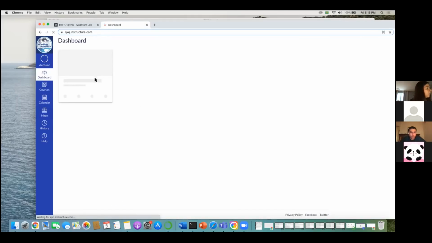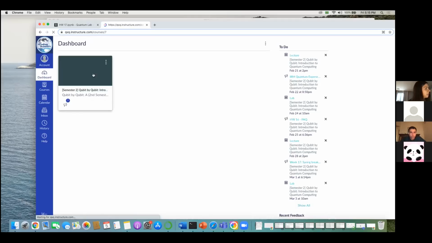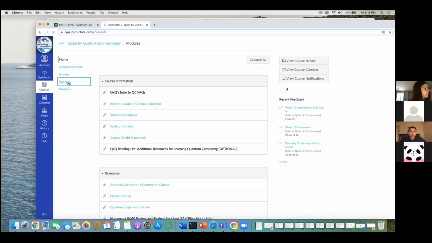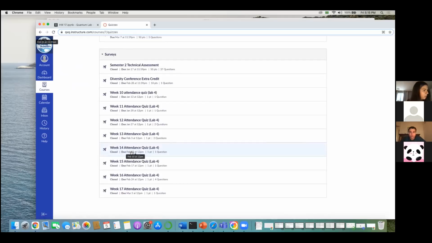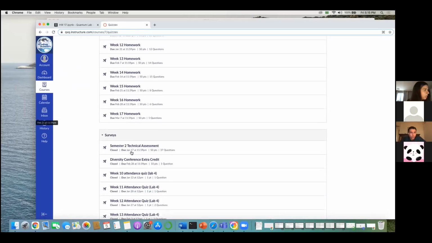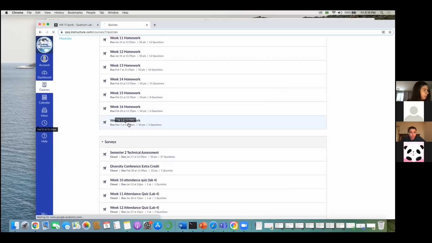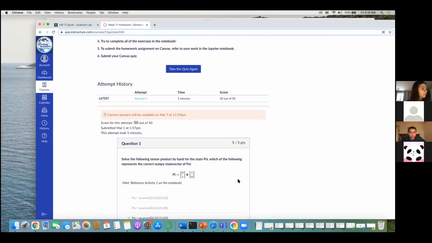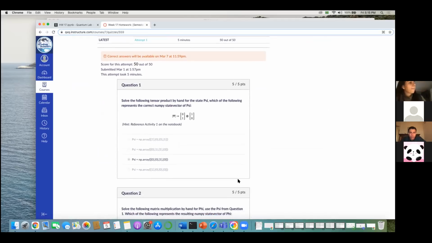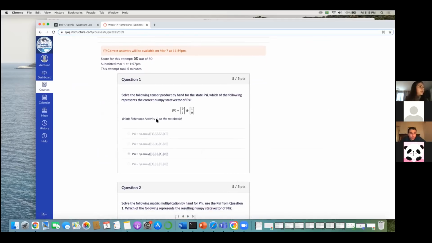Into the dashboard here again, just to find the quiz. Quizzes. And then let's go to this week's homework. Should be here. Yeah, so let's see. Solve the following tensor product by hand for the state psi.